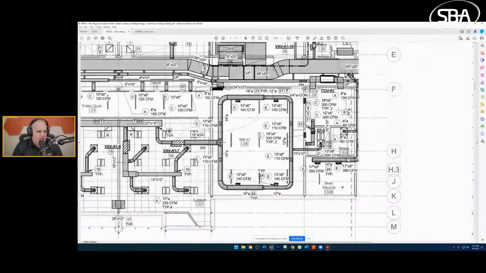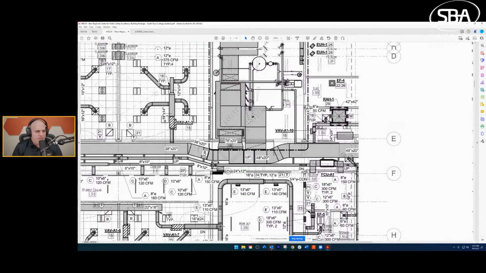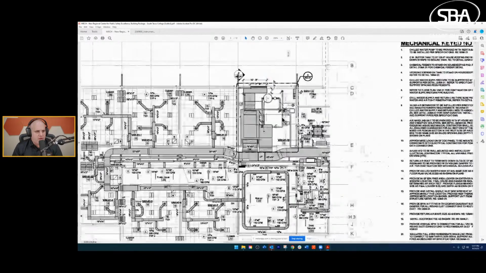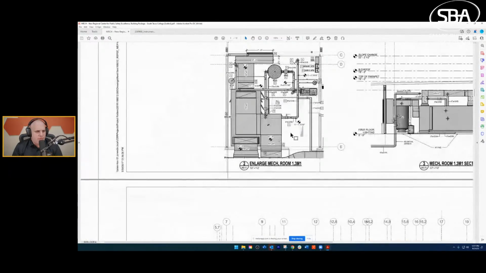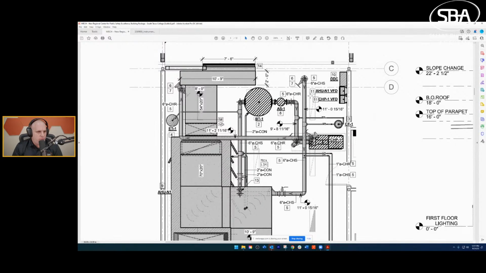We have a mechanical plan with a fan coil unit, exhaust fan, and then we have our air handling unit right here. And as we actually go in here and we look at this, we see our mechanical plan and we see a note right here, note 10. See that square box right here, note 10?